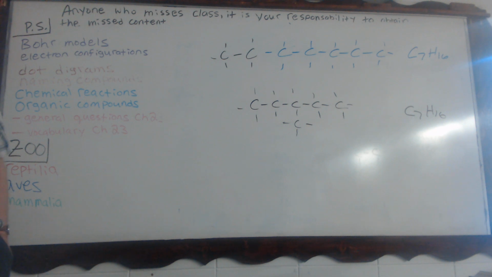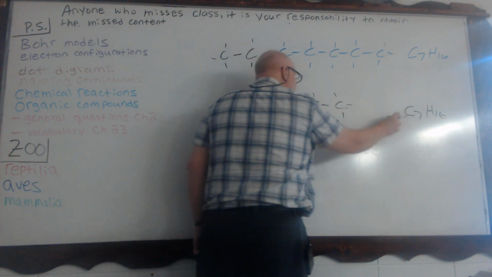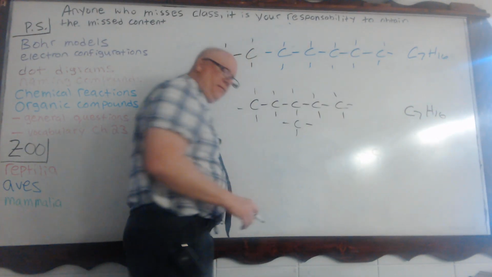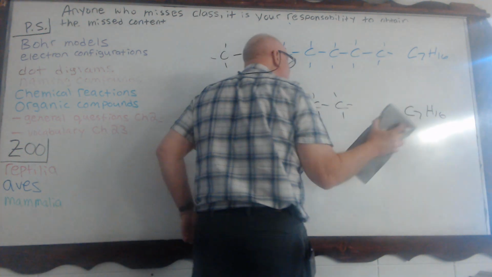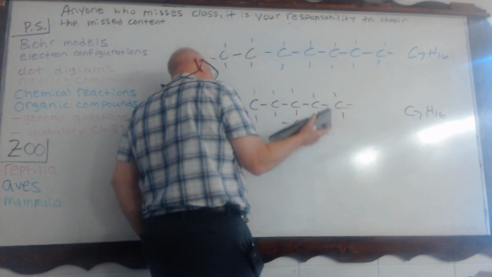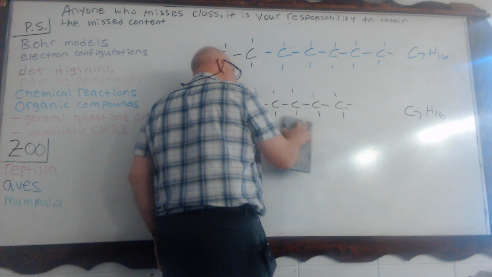And is there anything branching off of that hexane? Methyl group? Yeah, and on which carbon is that methyl group? Yeah, so you have 3-methylhexane. You still have 7 carbons and 16 hydrogens, but the structure is different. Okay, then these only get tougher as you go. This one was, for methyl groups, maybe mildly tough.